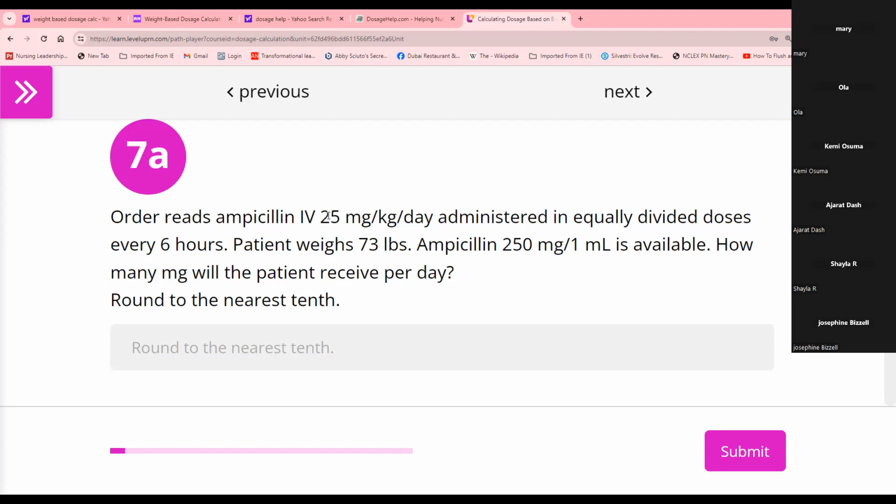They are ordered 25 milligrams per kilogram per day. You can already see that they get 4 doses a day, right? Because they're getting it every 6 hours. All right, let's go to the whiteboard. You guys wrote that information down?